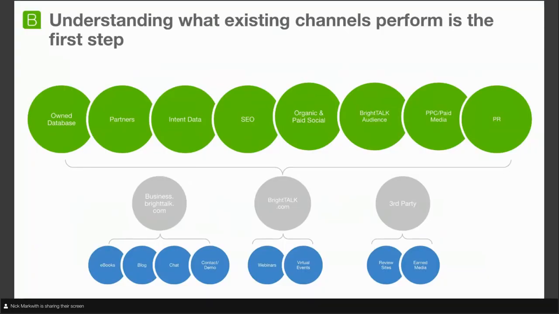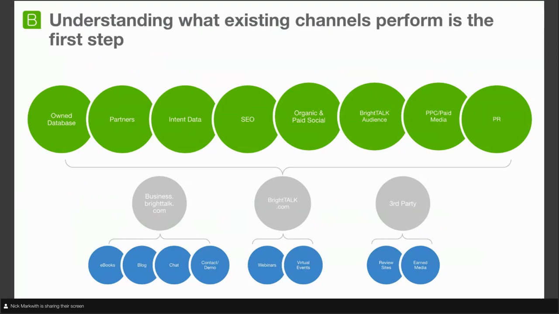But first and foremost, with any content strategy, you need to understand what existing channels are really performing best for you. What I'm showing you right now is a look at all of BrightTALK's channels that we're looking at exploring going into 2021. Many of these are existing channels that we've already built and will continue to build out. There are a few other ones that we're looking to test.